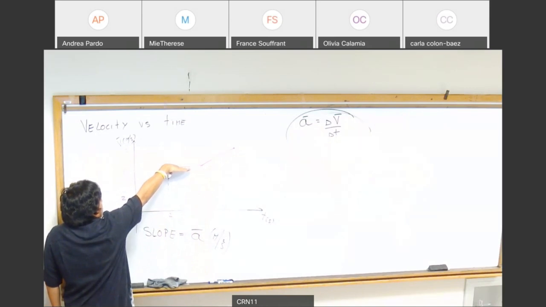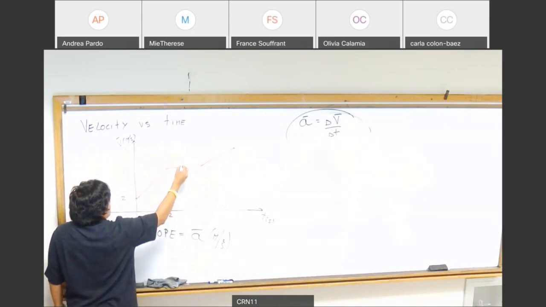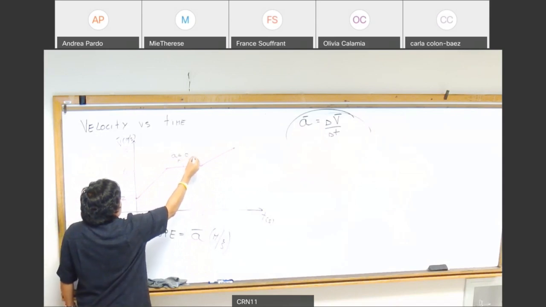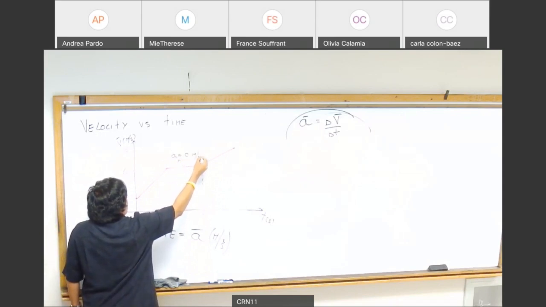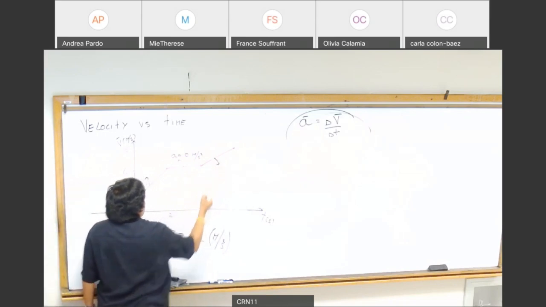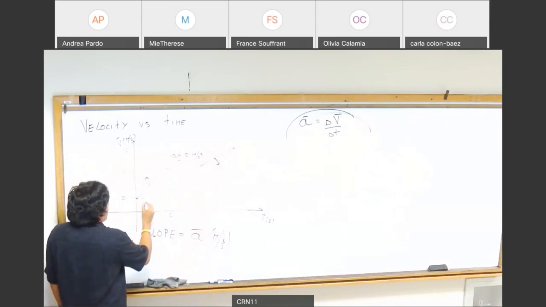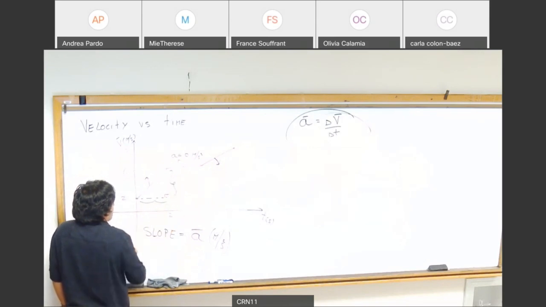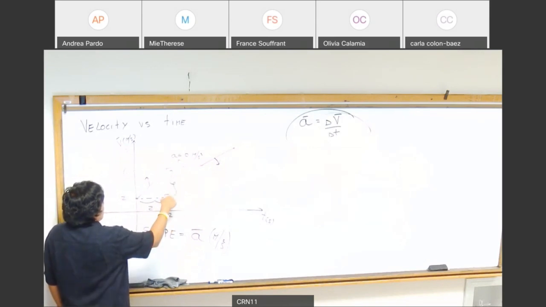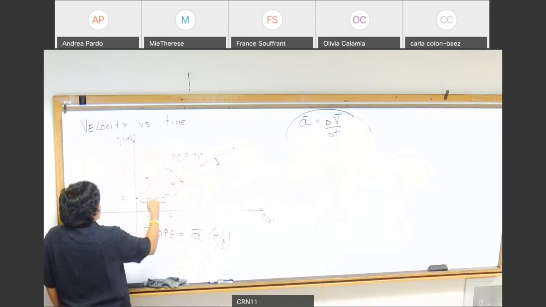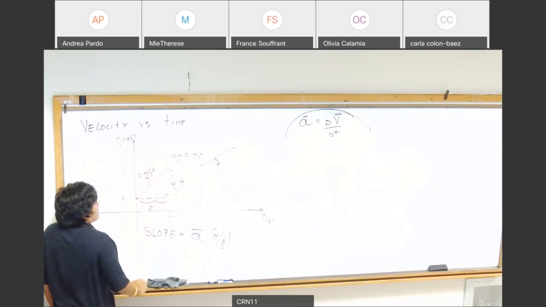As you know, here is horizontal, so the slope here is 0. That means that the acceleration there is 0 meters per second squared. I can get acceleration here, I can get acceleration here, right? How? By doing rise over run. In 2 seconds, the speed went from 2 to 6, that's 4. So the acceleration here will be 4 over 2, 2 meters per second squared.